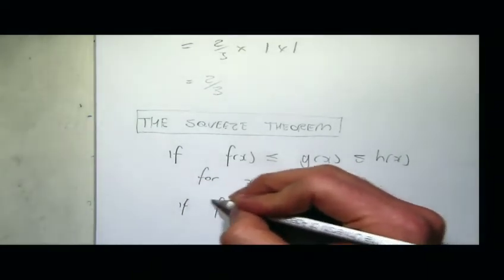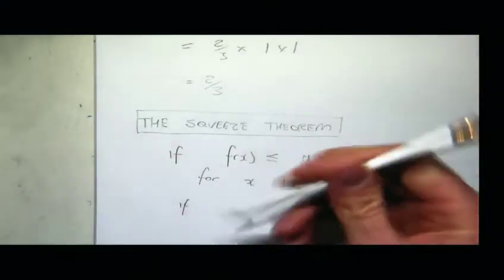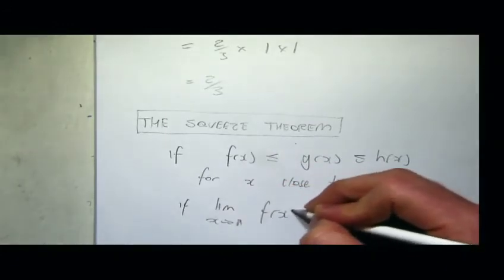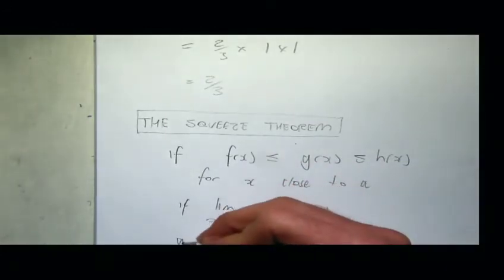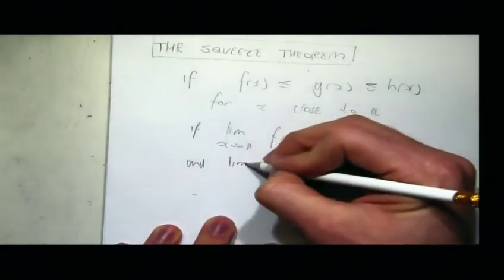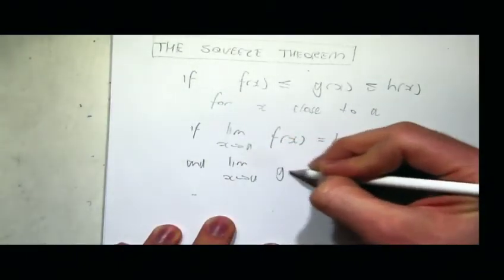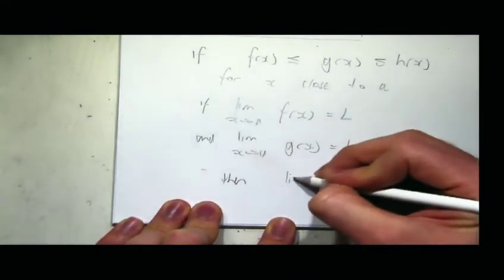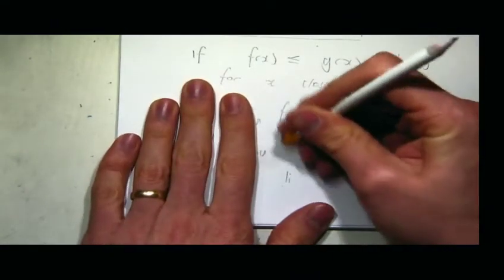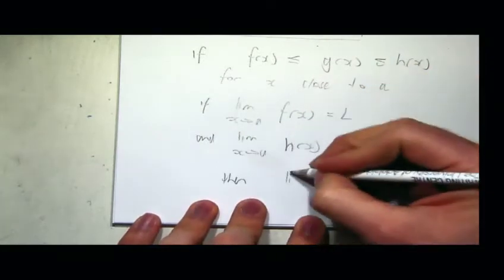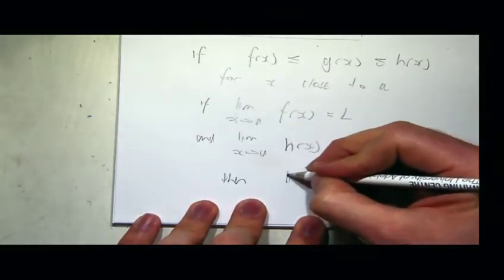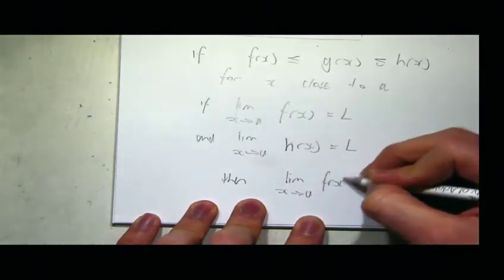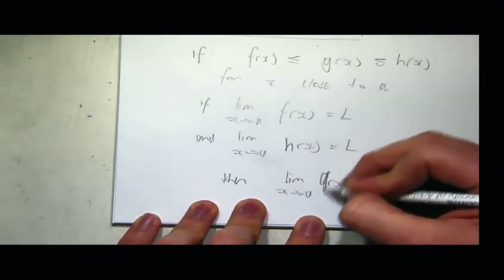If the limit as x goes to A of g of x is L, and the limit as x goes to A of h of x is also L, you've got to do the two outside ones, then the limit as x goes to A of f of x is also L.